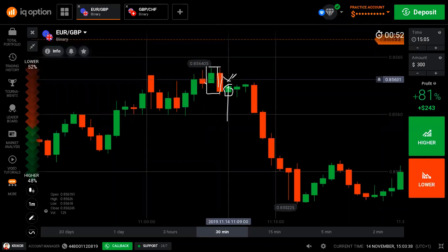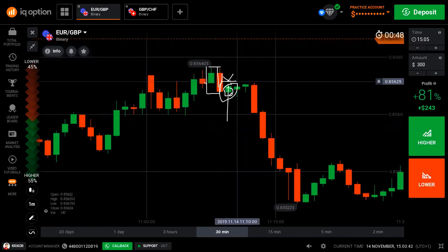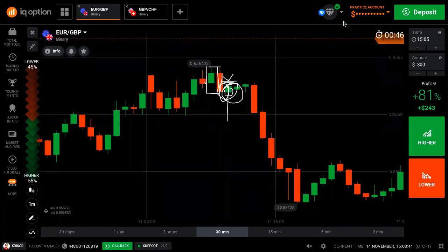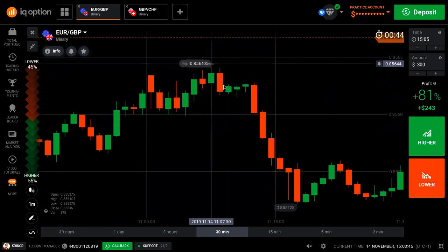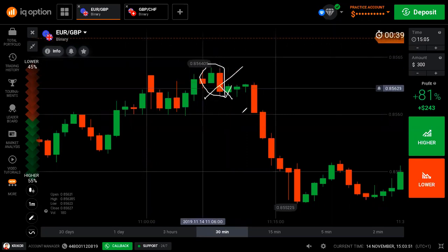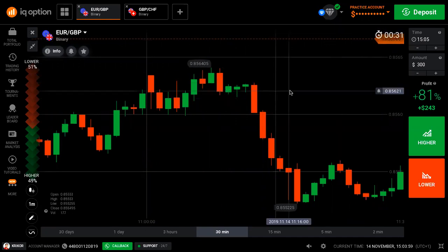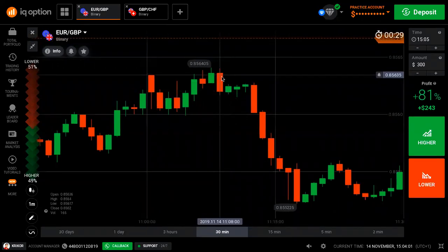No trade. So this rule has protected you from losing this trade, because after this bearish engulfing, you are supposed to look for confirmation, and there is no confirmation here. So no trade. Is that clear? Good.